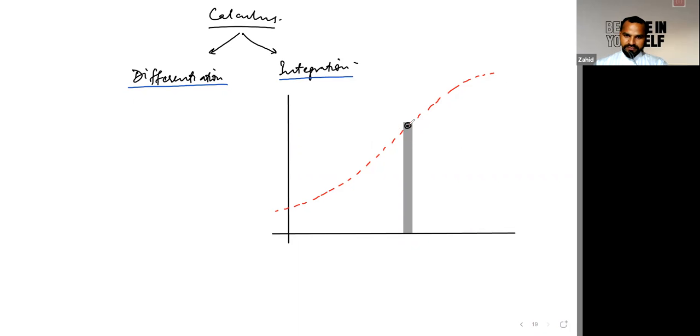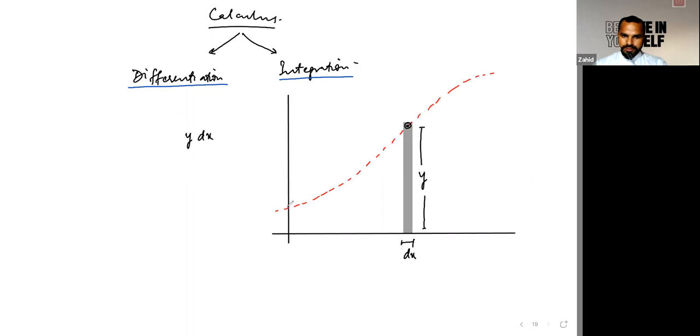So let's say you have this particular strip having width dx and height y from this point to this point. So if you want to calculate area of this particular strip, it will be product of length and breadth. So it will be y times dx.